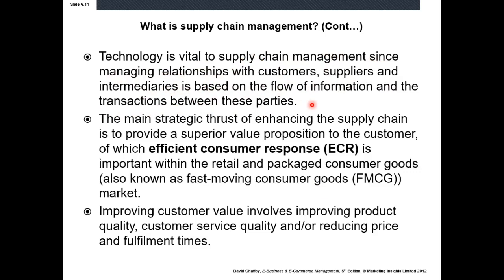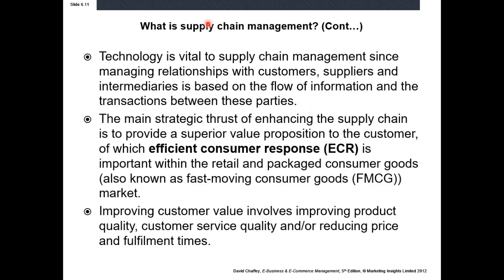So we saw in the earlier slides how important technology is for supply chain management, how it helps to manage relationships with the organization's customers, the suppliers, and various other intermediaries. We saw how it helps the flow of information and how it facilitates efficient transactions between these parties.